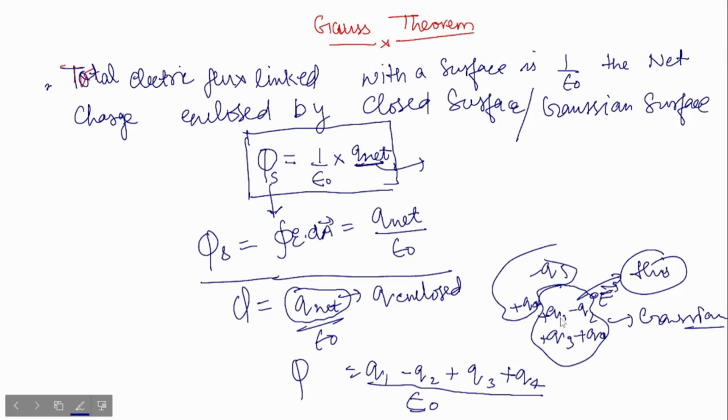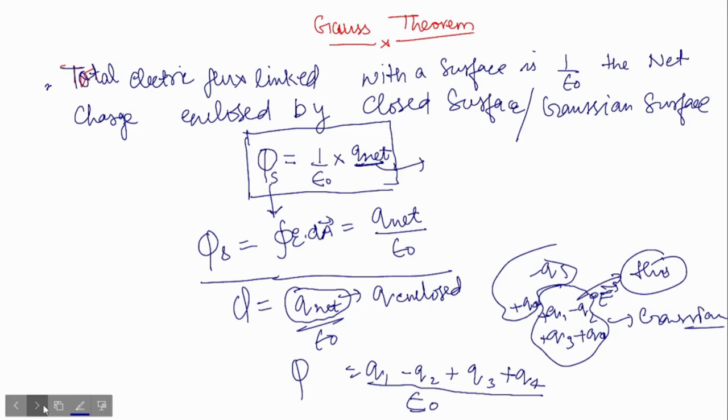Now note the second point. What was the first point? That flux associated with the surface depends only on the net charge enclosed within the surface.